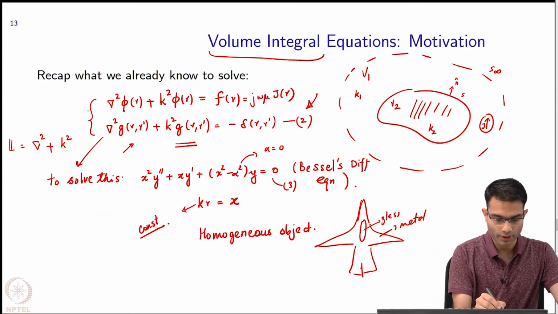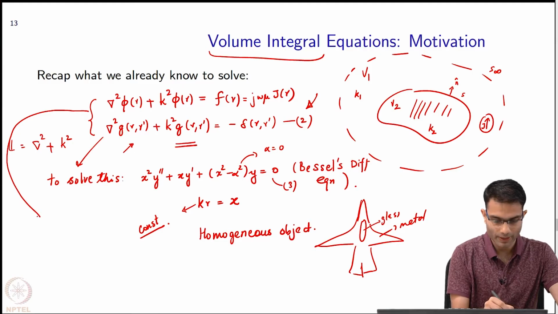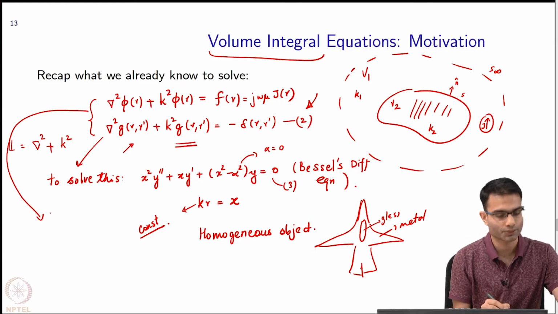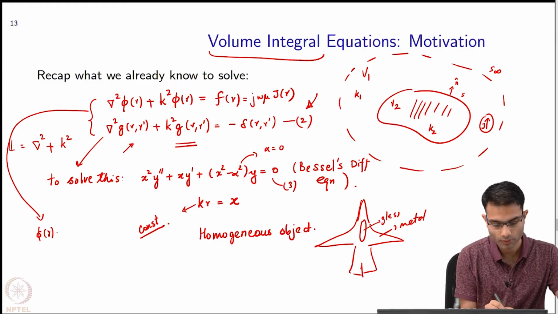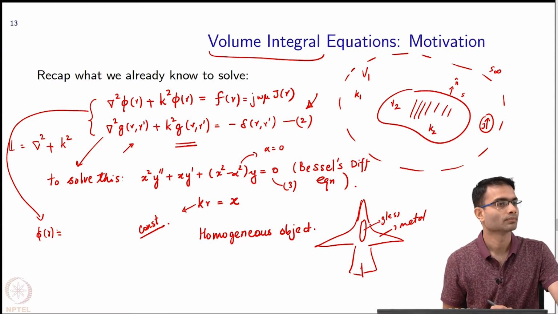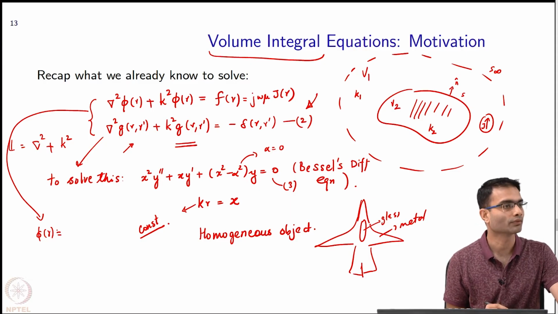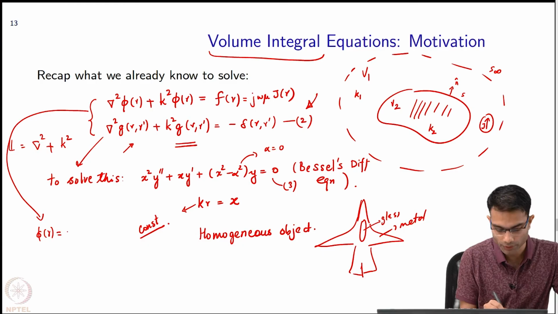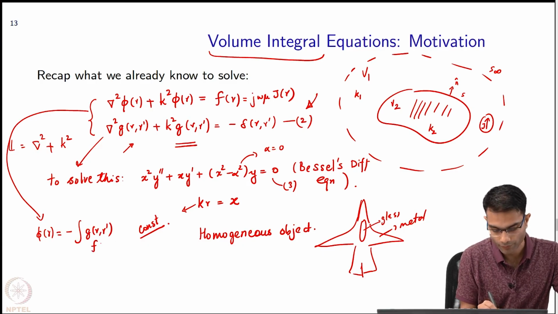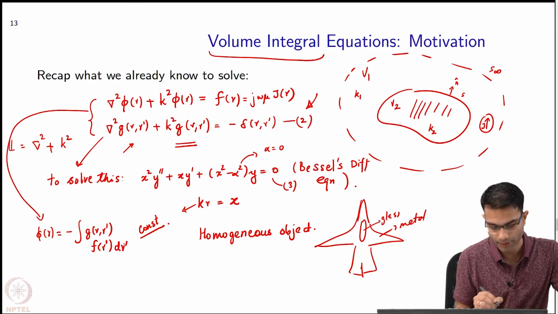Just wanted to rewrite one thing over here. When I had these two equations, how did I write the solution? Combining these two equations, I can write phi of r in terms of f and g as the convolution, and that convolution was minus the integral of g of r, r prime times f of r prime, dr prime.